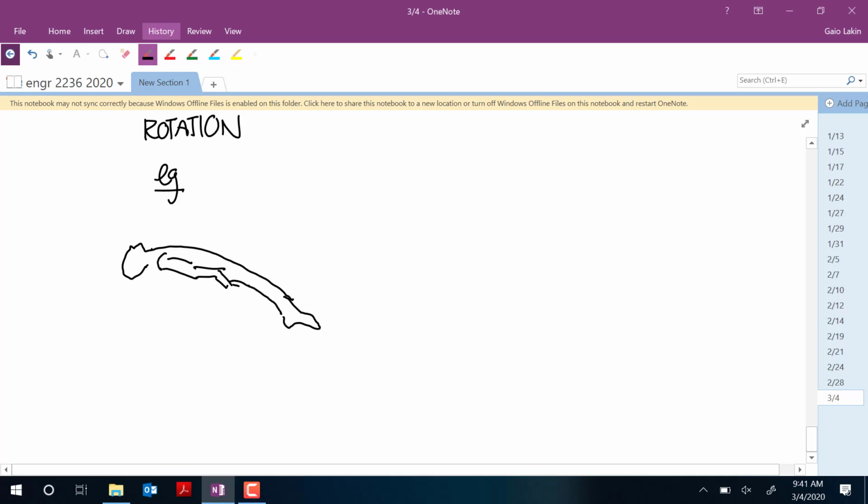Here's one way, if someone does a double backflip like this, they get a lot of points for that because it's really hard. Or someone could do a double backflip this way. Well, it's also very hard, but they get a lot less points for it because it's not nearly as hard as this.